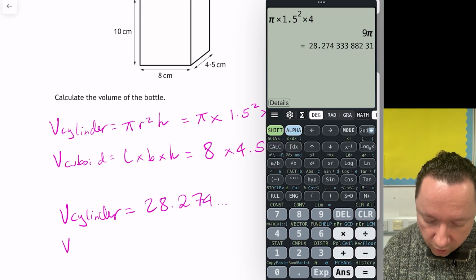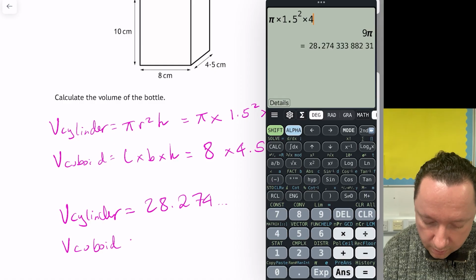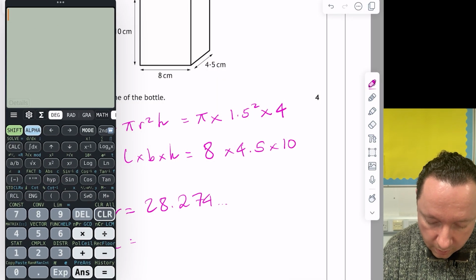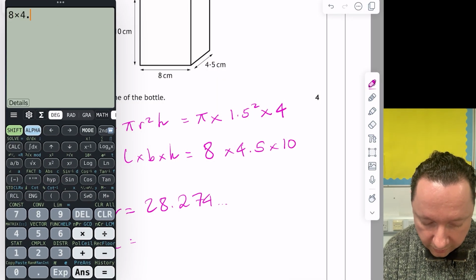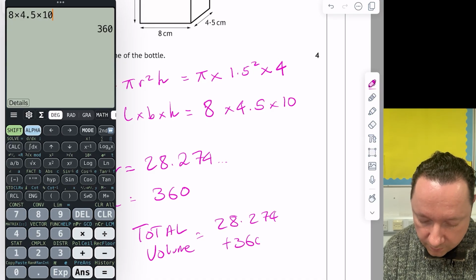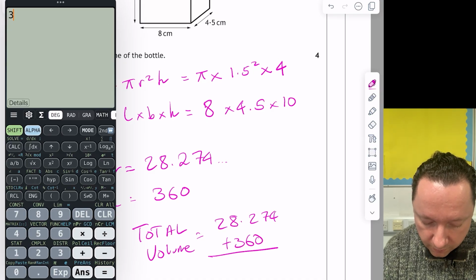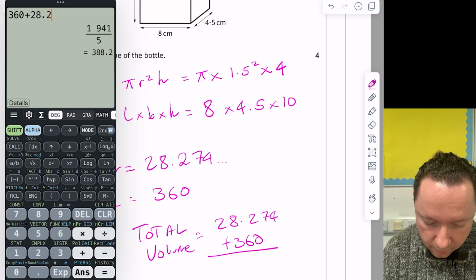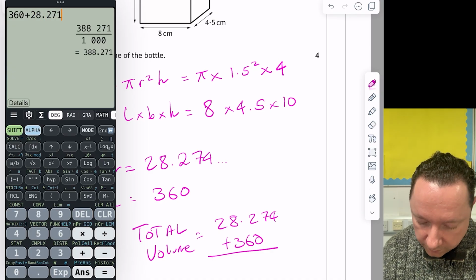And then the volume of a cuboid, 8 times 4.5 times 10 is 360. So our total volume, writing down our sums, 28.274 plus 360, but using a calculator to work that out, I get 388.271 centimetres cubed for the units.